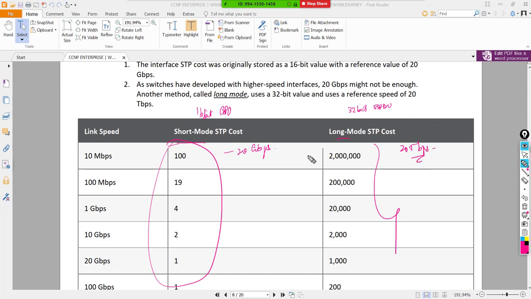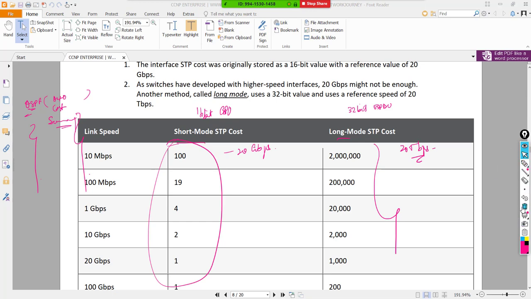This concept we also see in OSPF. In OSPF, we have a topic called auto cost summarization, right? Under auto cost summarization, we have some legacy method of formulae, and we also have the latest or advanced formulae.